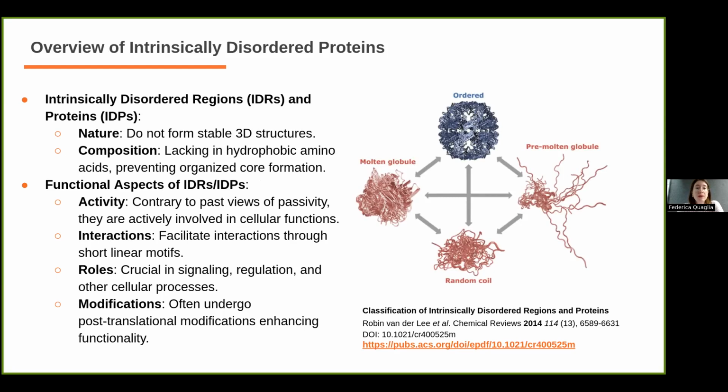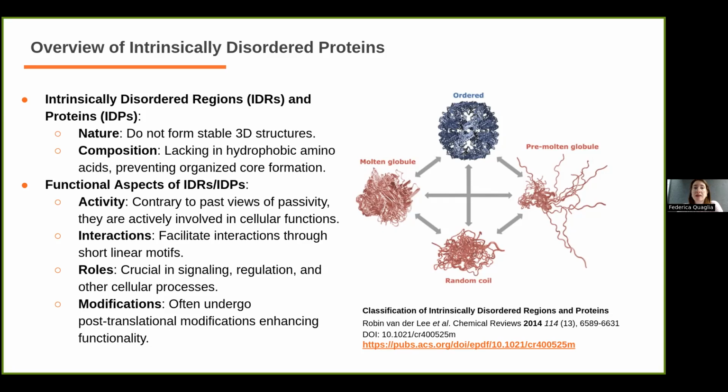What about the functional aspects of intrinsically disordered proteins and regions? In the past, it was believed that these proteins didn't have active functions, but now we know that they are actively involved in cellular functions.